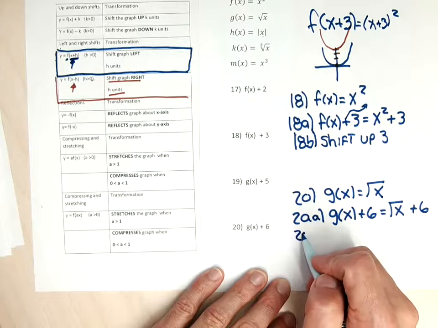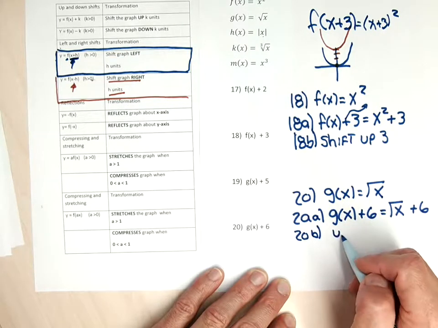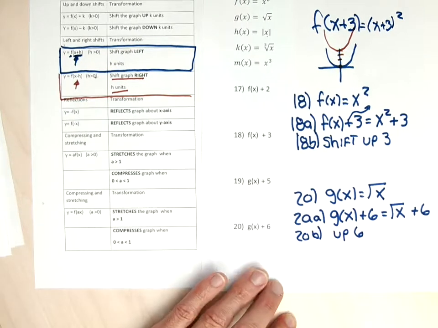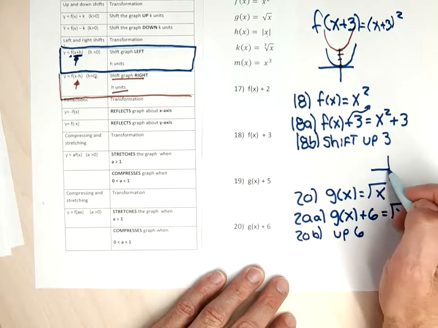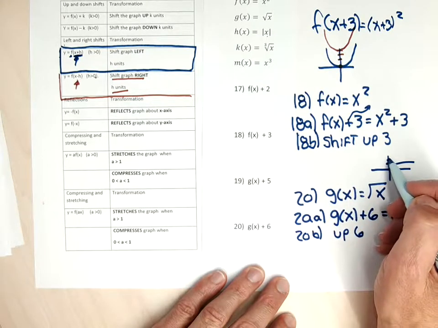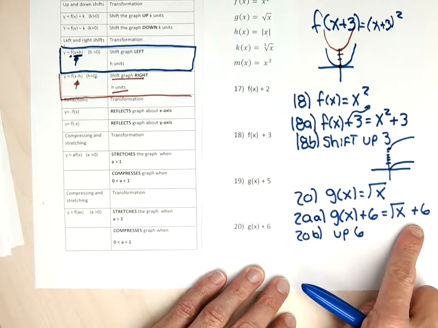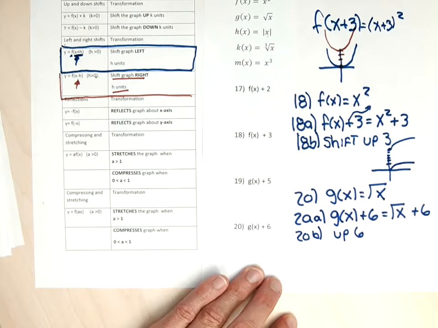For part B, a plus, not in parentheses, moves the graph up that many units. Let me show you this. Basically, the square root of x is a graph that is a half parabola on its side. The graph that I'm going to get when I do the square root of x plus 6 is going to be 6 units higher.